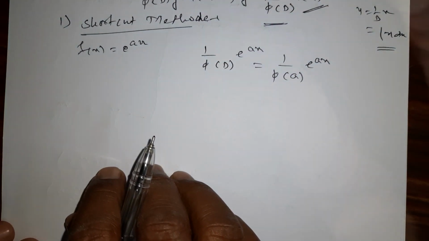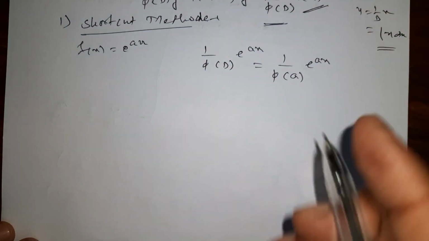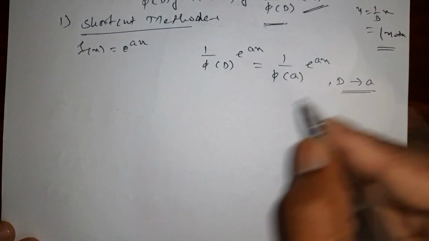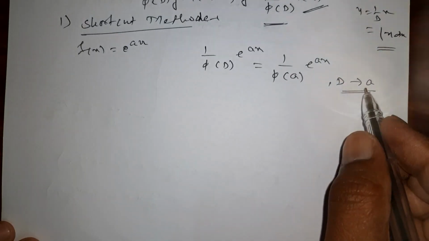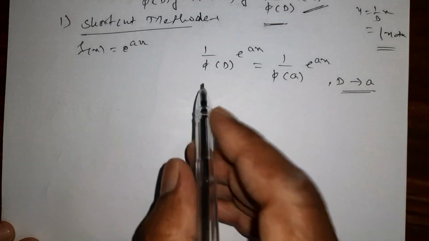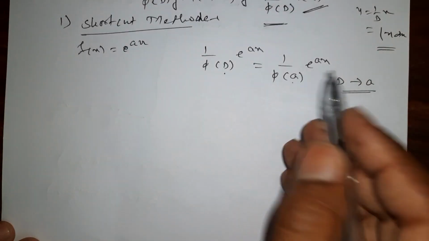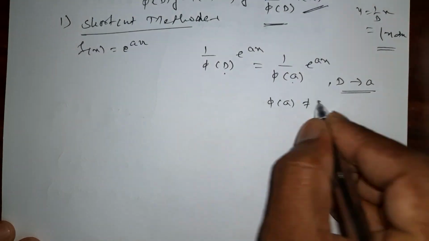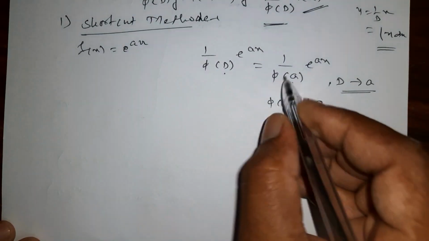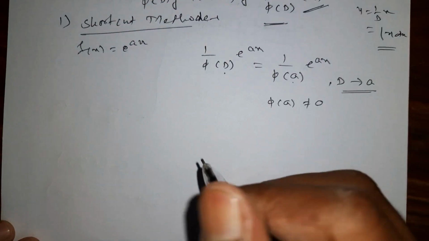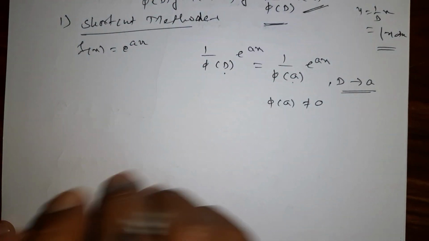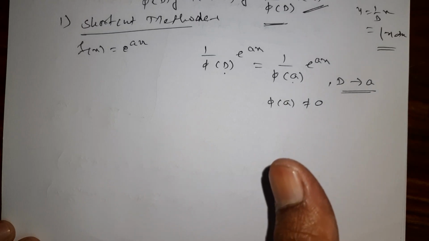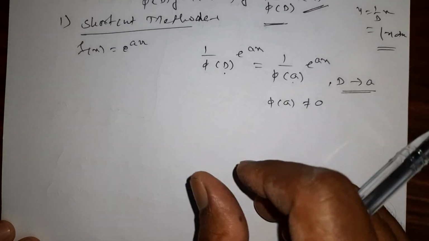Try to understand the concept here. What I did here, I replaced D by a. In place of D, I wrote a. Just replace D by a, but provided phi of a is not equal to 0, because if phi of a is equal to 0, it becomes 1 upon 0, infinity. I don't get a finite solution. Always our aim is to get a finite solution. In engineering problems we require finite solutions.